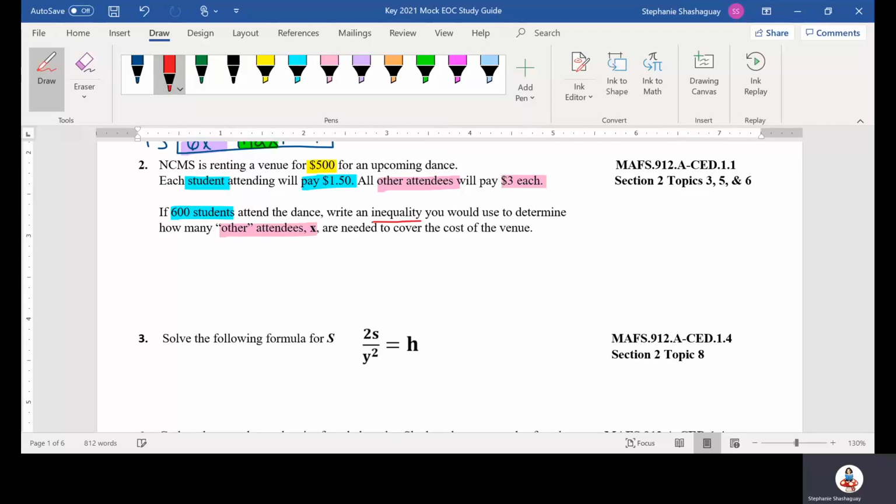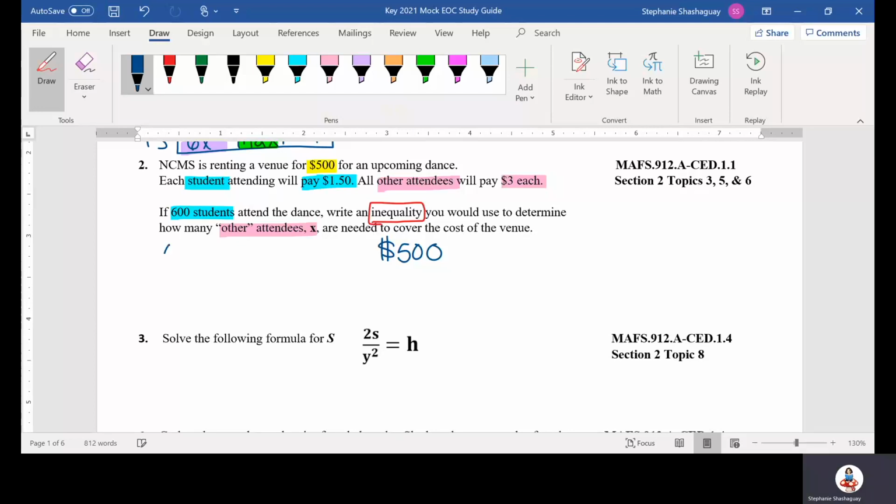Keyword here is inequality. So we won't have an equal sign, we need to have an inequality sign. So let's pull all these numbers together. The venue costs $500. And we need the number of students and other attendees that are attending to make at least $500.